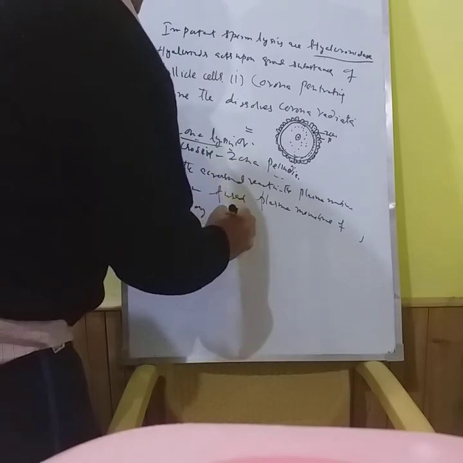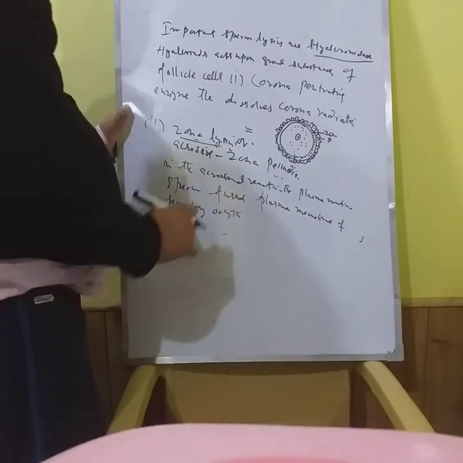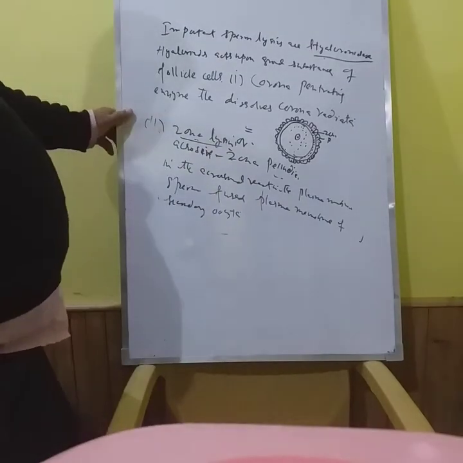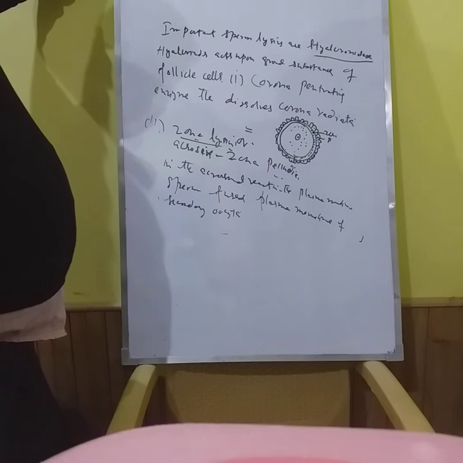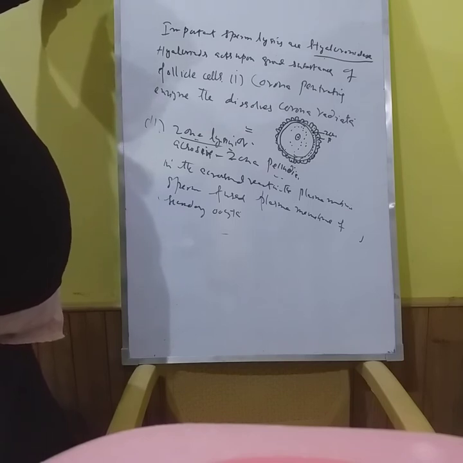I already told you that during oogenesis there is the secondary oocyte, which is the mature ovum.